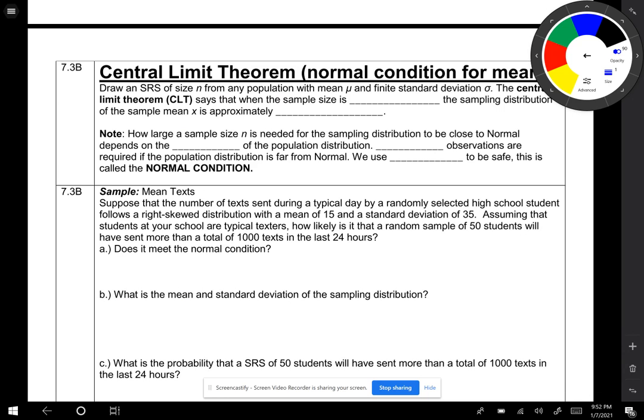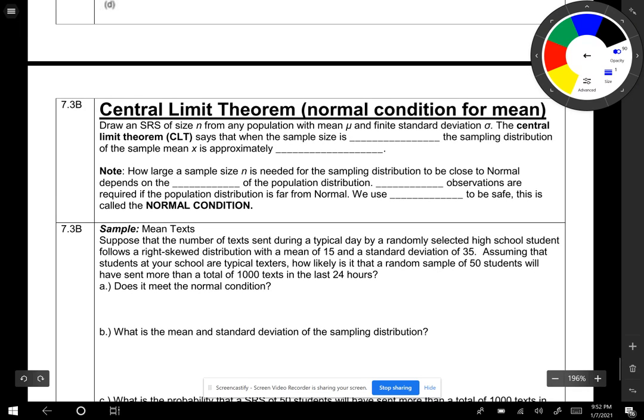Okay, so that brings us to a super duper important idea, and that's called the central limit theorem. And that's the normal condition for means. If we're drawing a simple random sample of size n from any population with mean mu and finite standard deviation sigma, the central limit theorem says that when the sample size is large enough, so what is considered large enough?